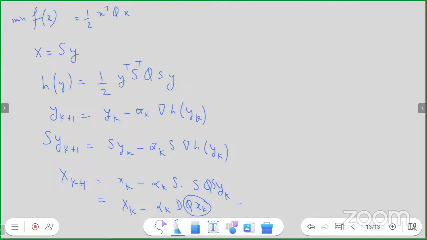Give me one second. x_k minus alpha_k gradient of, yeah, question. D should be there, yes. So what has happened?